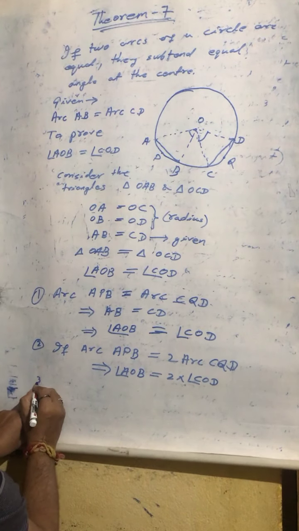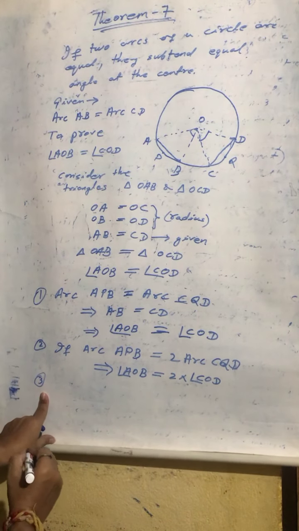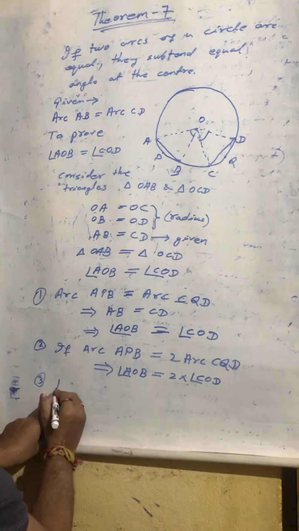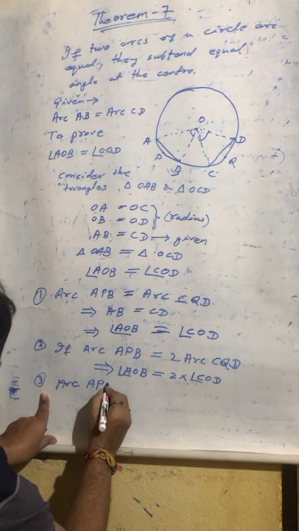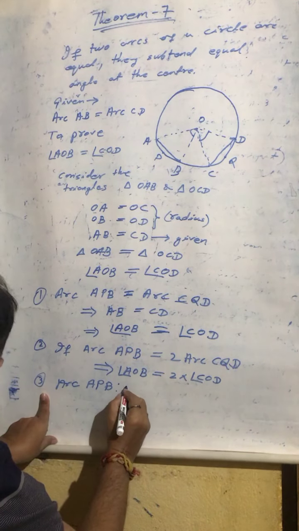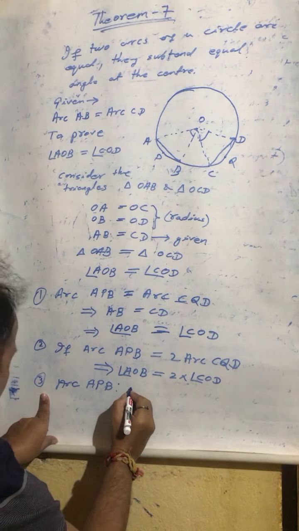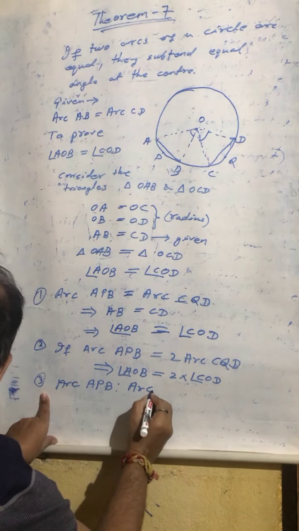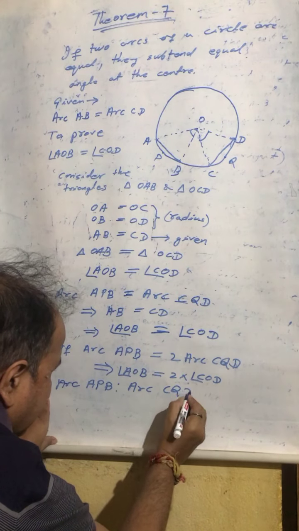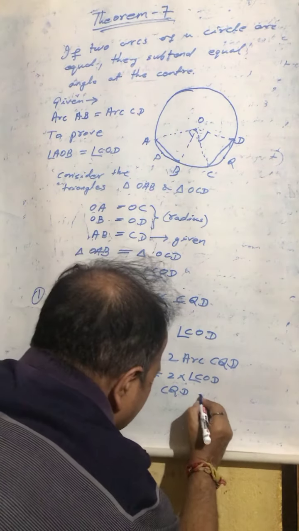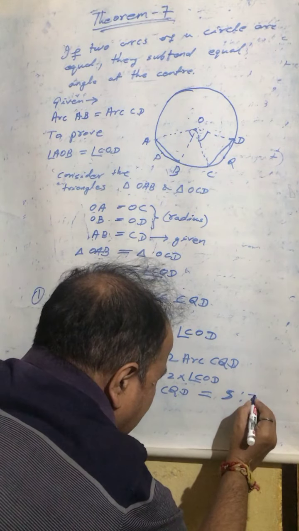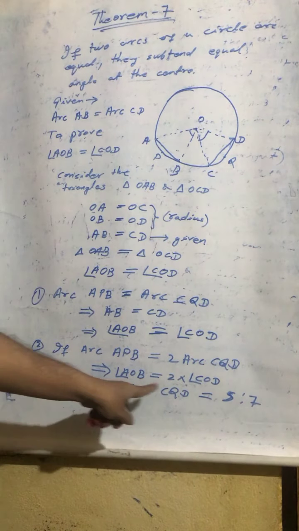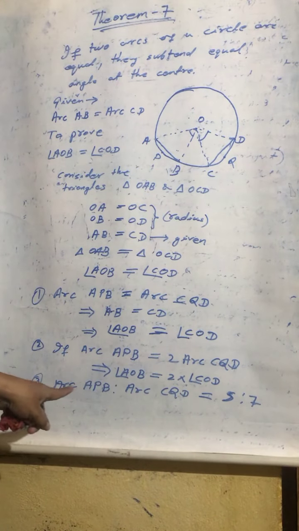And third: if arc APB is to arc CQD in any ratio, say 5 is to 7, then the subtended angles will be in the same ratio.